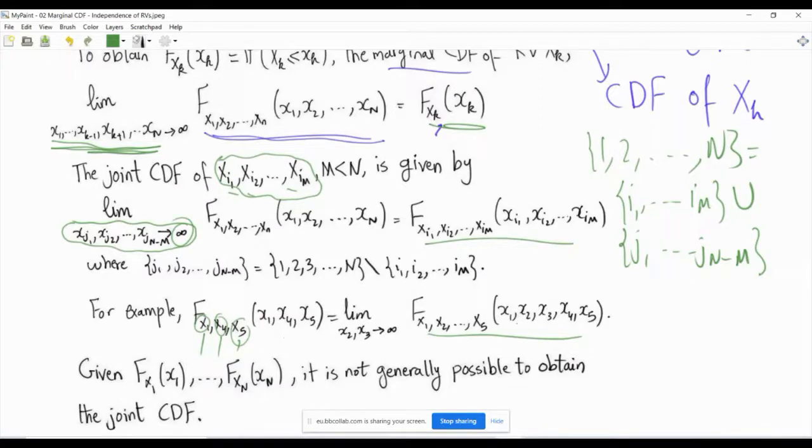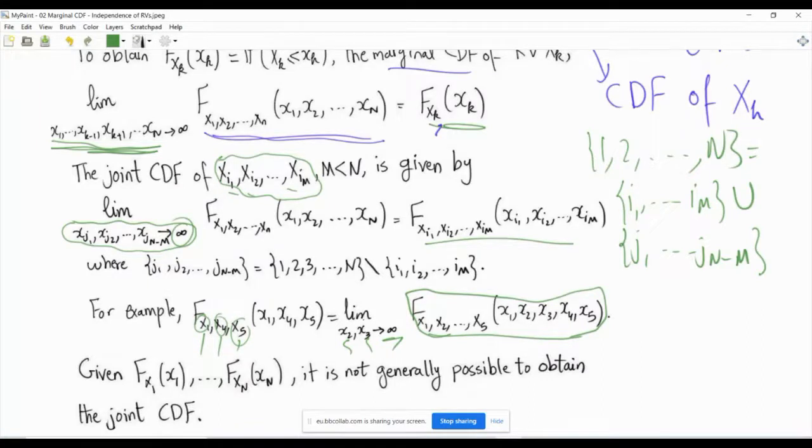So you start with the joint CDF and take the limit as small x2 and small x3 go to plus infinity. This allows you to obtain not just the CDF of one of the random variables, but the joint CDF of any selection of those random variables, by this trick of taking the limit of the others going to plus infinity.